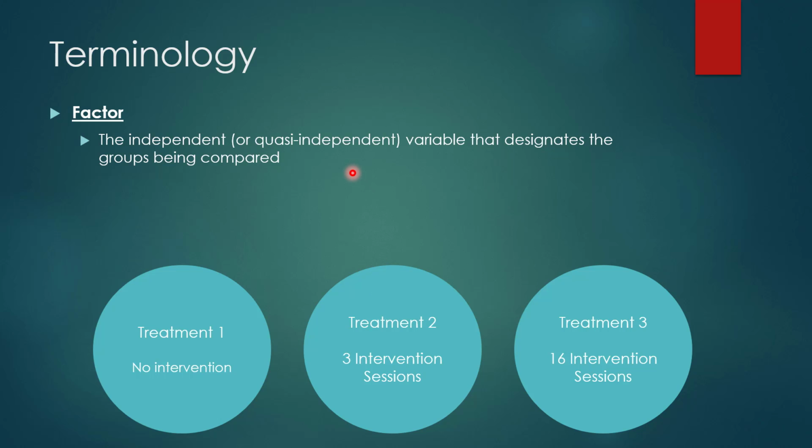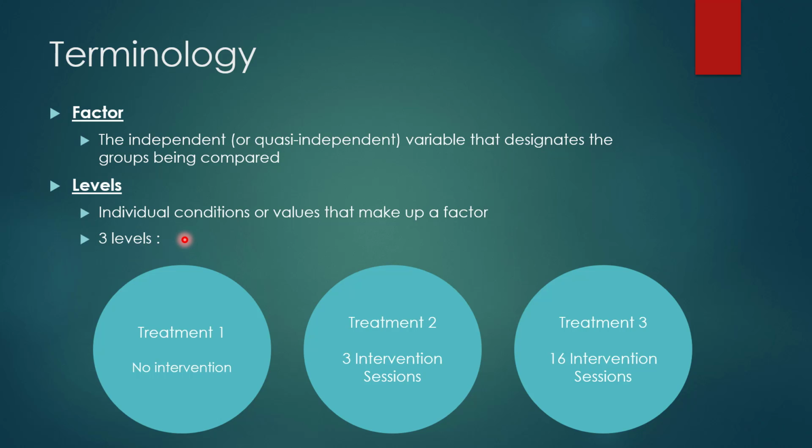I had one independent variable, and it has 3 different types of manipulations or levels. So the levels are the individual conditions or values that make up a factor. So I had 3 levels. 1, no intervention. 2, 3 interventions. And 3, 16 interventions.